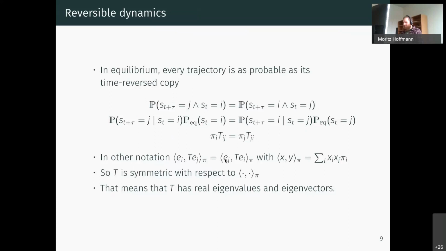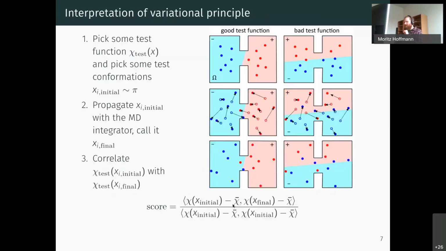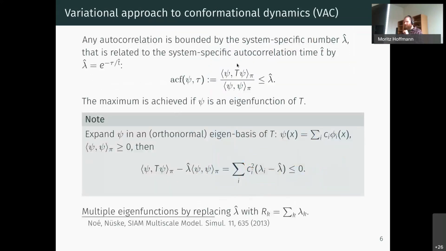So now we have again this funny scalar product that is reweighted with respect to the stationary distribution, and under the scalar product, T_ij is a symmetric matrix. And then linear algebra tells us with a symmetric matrix, we get real eigenvalues and eigenvectors. And if we have real eigenvalues and eigenvectors, then, let me go back here, this expression at the top makes sense.